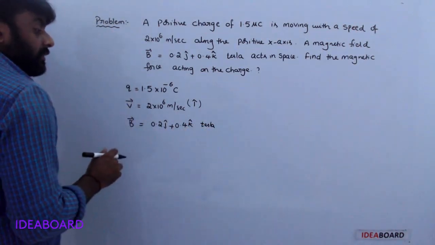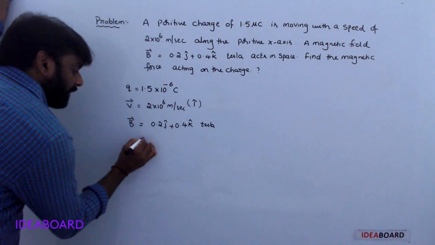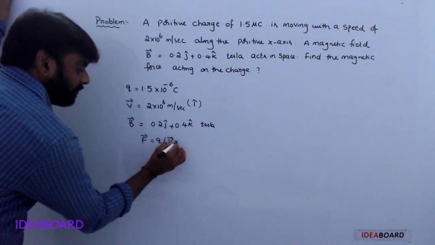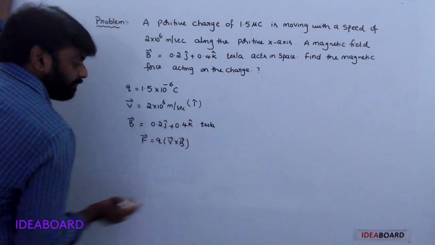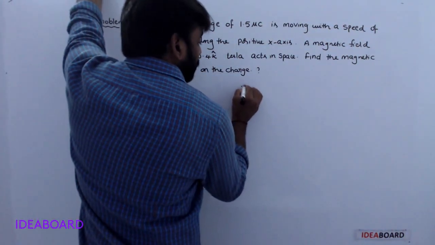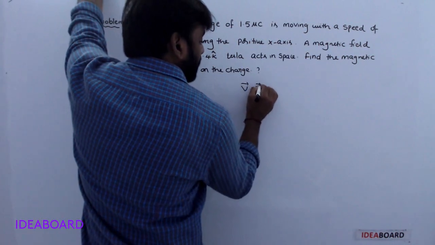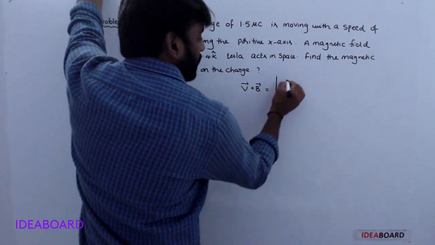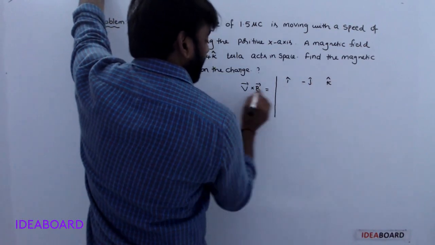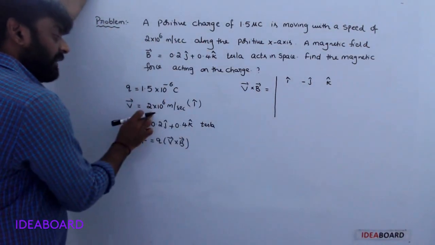Understood? Okay. So, what is the required quantity? Force. F bar is equal to, in vector notation, Q times V bar cross B bar. First of all, find out V bar cross B bar, which is the determinant of I cap, J cap, K cap. First row is velocity.